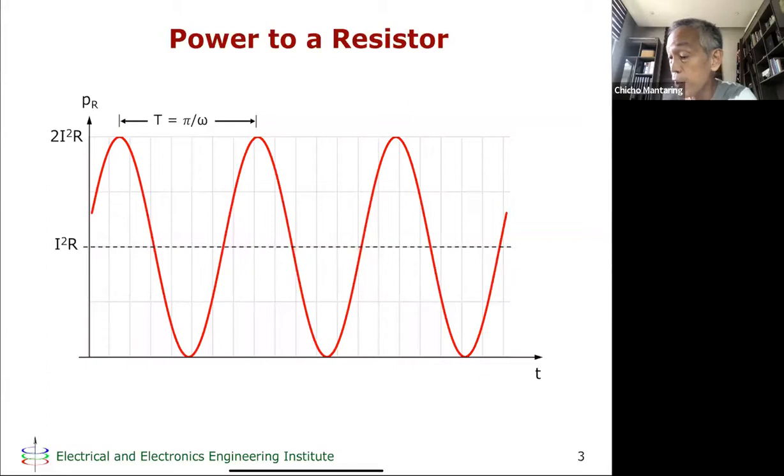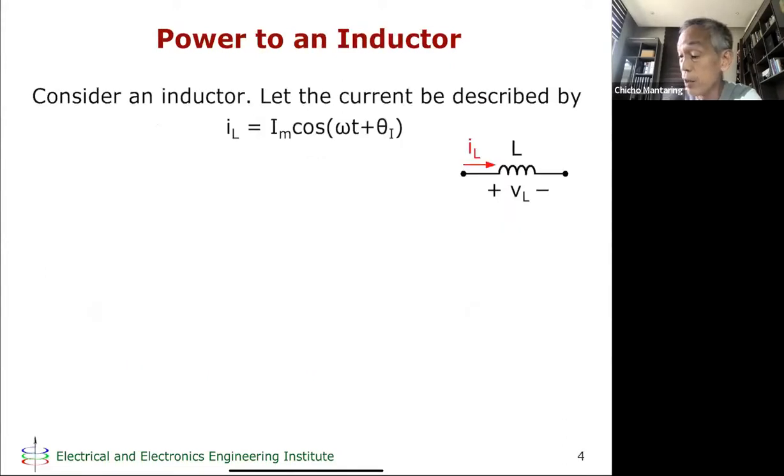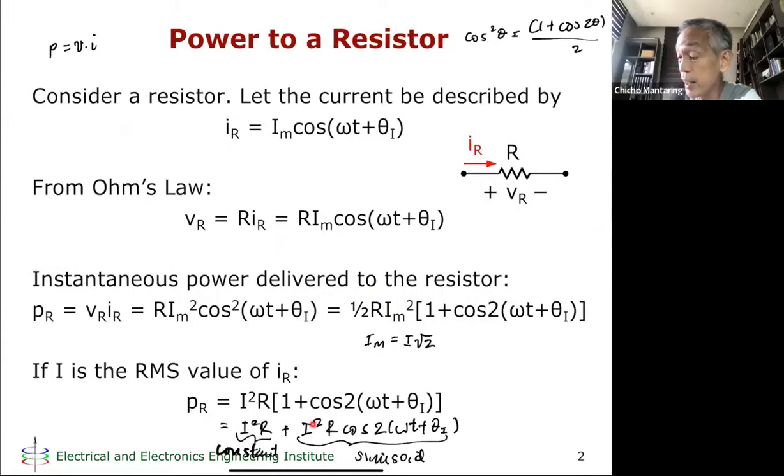This is your average value. But if you take a look at the actual waveform, sometimes the delivered power is high, and sometimes the delivered power drops to 0. And this is in a sinusoidal fashion, because this is a sinusoidal term.